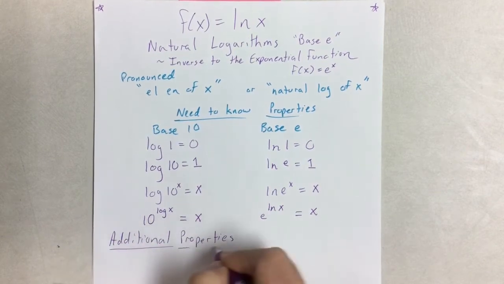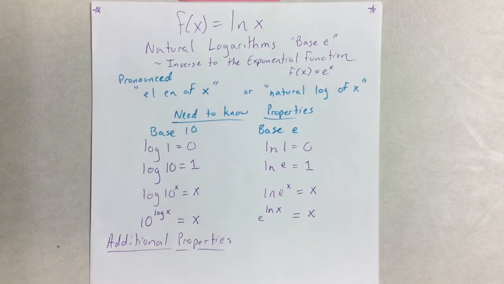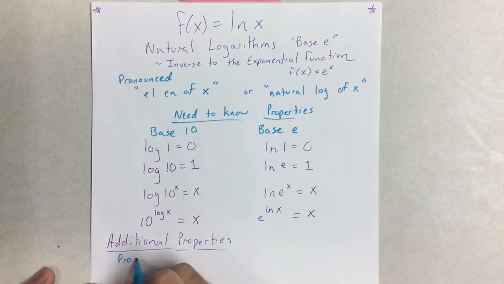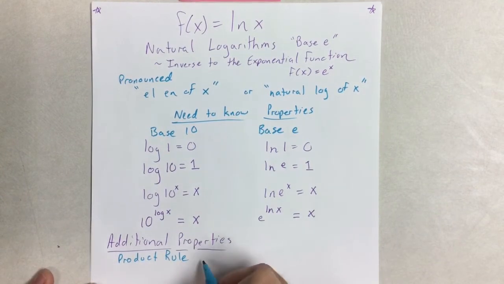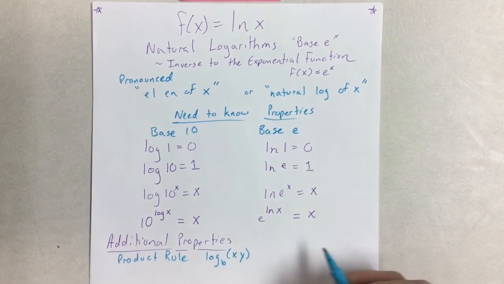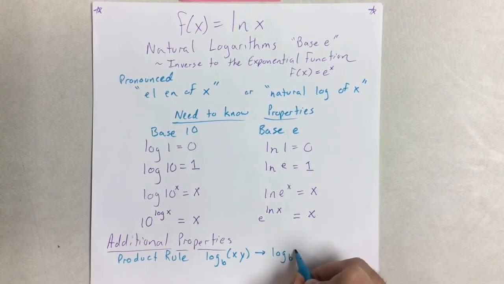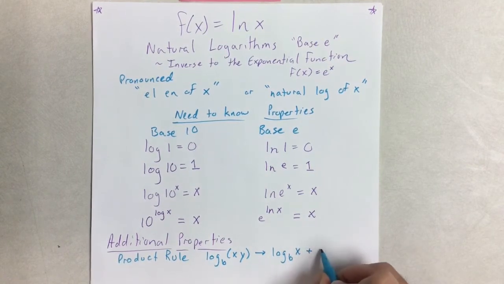These properties are really going to expand what we can do with logarithms. The first we titled the product rule. What the product rule says is, if I take the log of any base of a product, so let's say x and y, I can rewrite this as the sum of each individual piece.